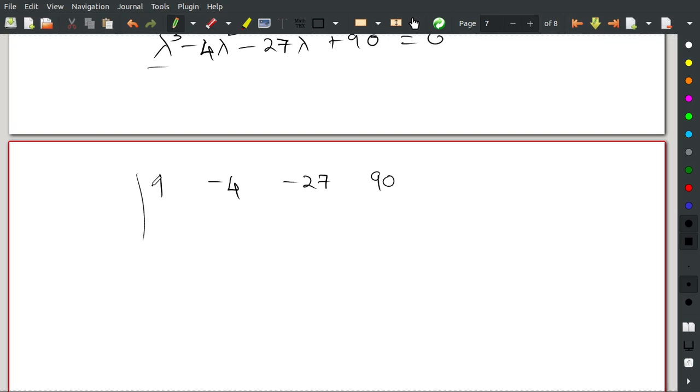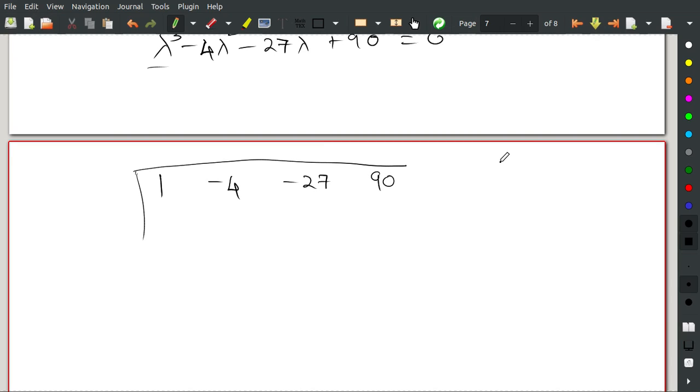So we have to do the long division. The trick is to find the value such that we can do long division. Let me explain how to do it. Let's try to find a divisor which divides the last term, and that divisor should be chosen from the prime numbers.